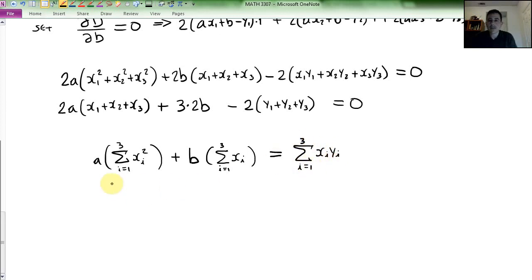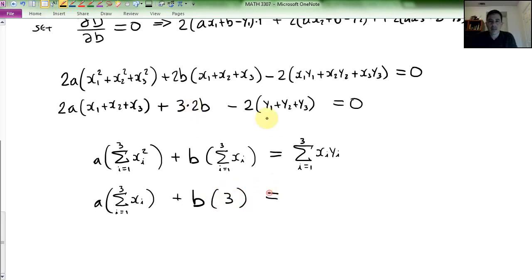From 1 to 3. And then down here, I could divide the entire equation by 2, so I get a times the summation from i from 1 to 3 of xi, right? That's what that is. Here is simply 3b. Let me write it this way so the coefficient is times 3.